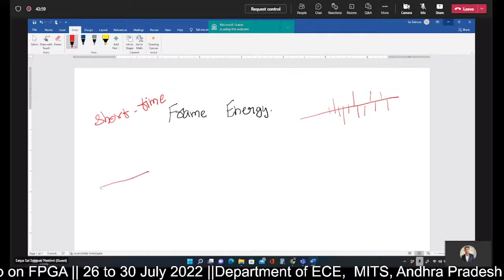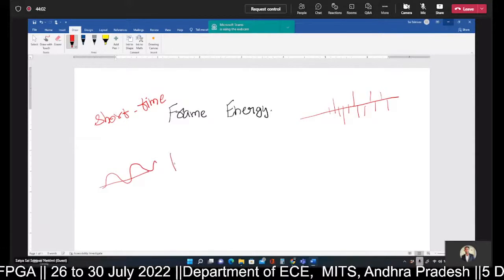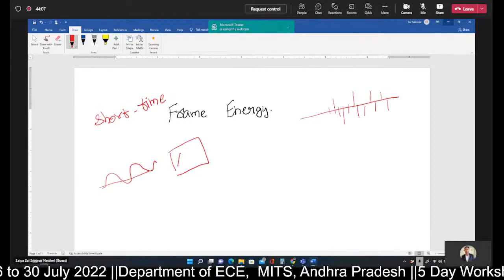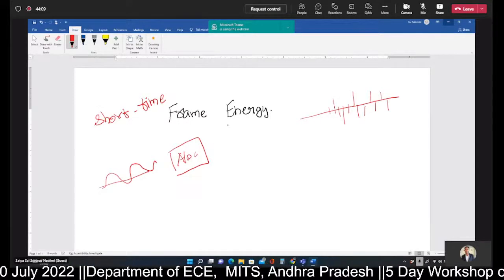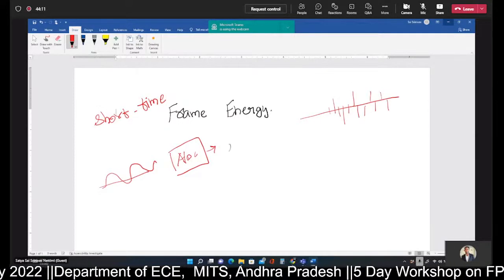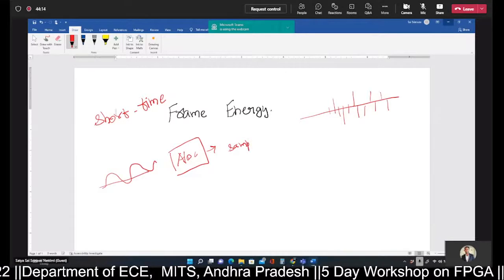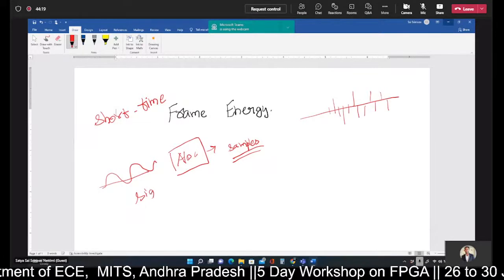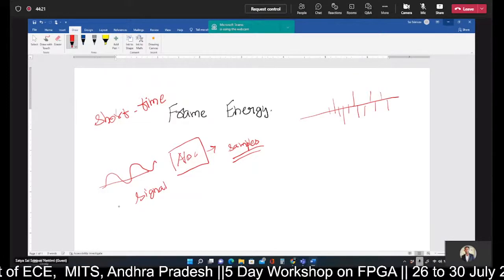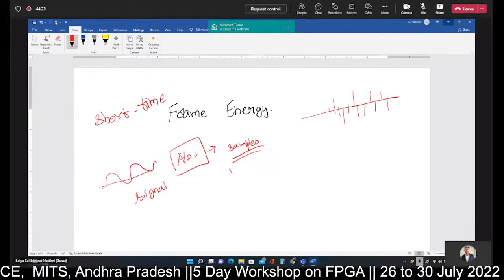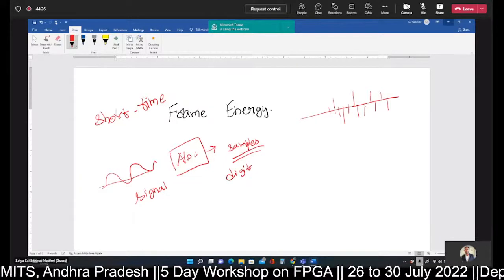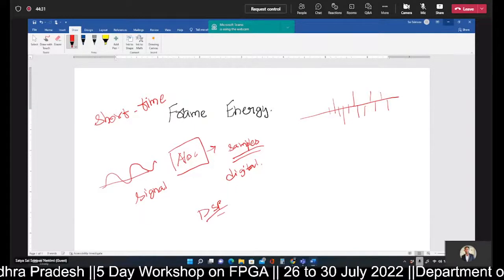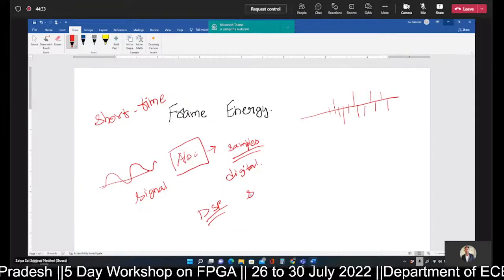So what is the concept? Maybe we have an analog signal that we pass to an ADC, analog to digital converter, and we get digital samples. In digital signal processing, there is one concept called signal energy.